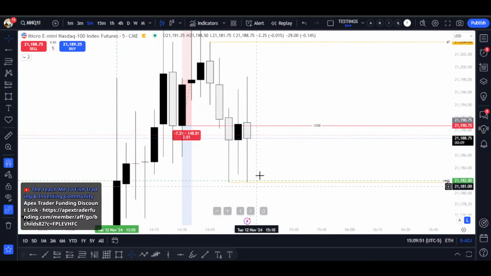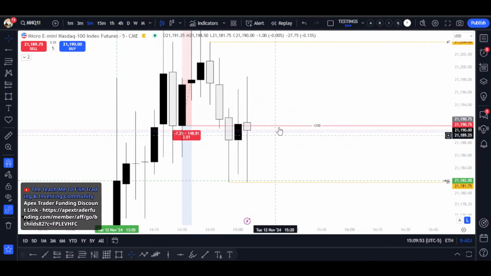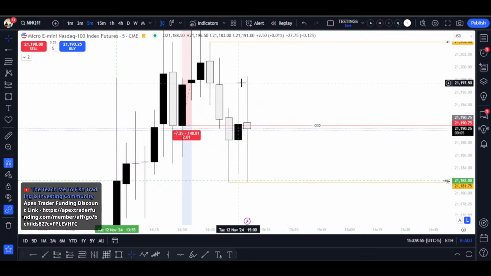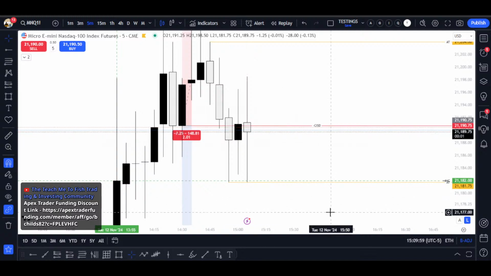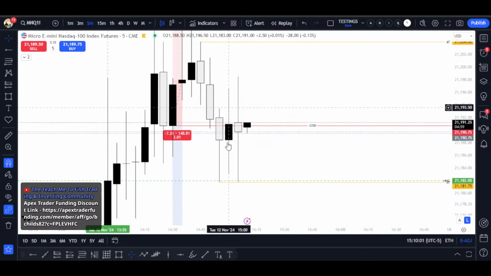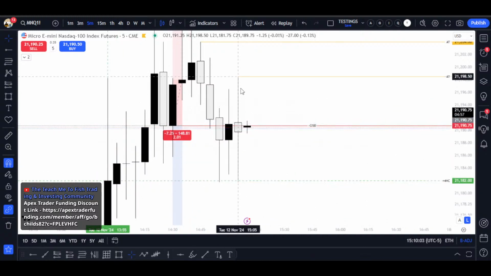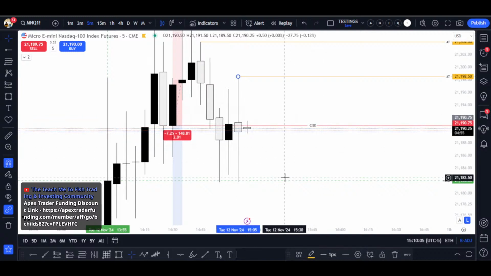Now, this has swept both sides. You could wait for the next one. But typically, for me, if it sweeps both sides, and in this instance, if it closes bearish, this is the new algo target for me.